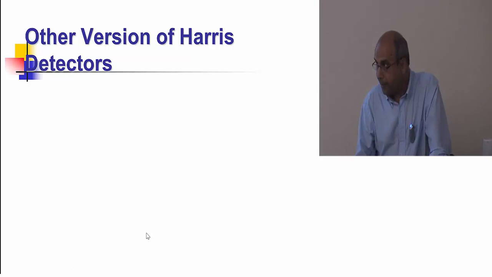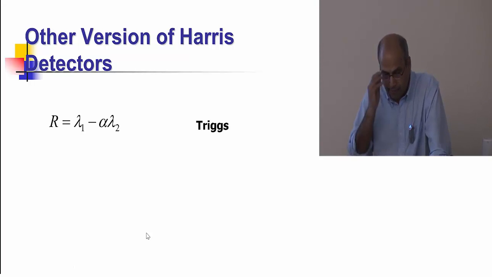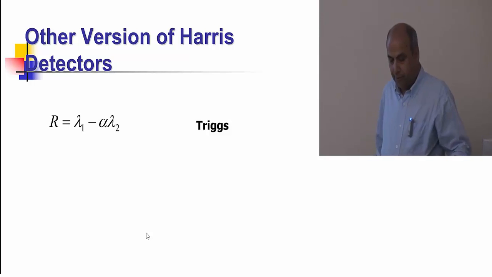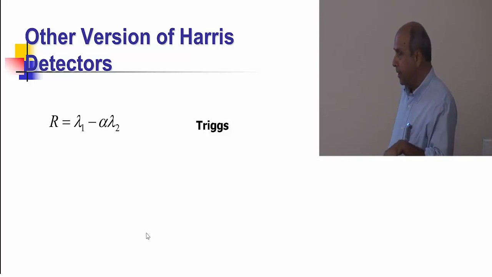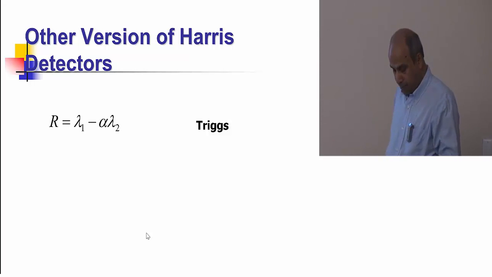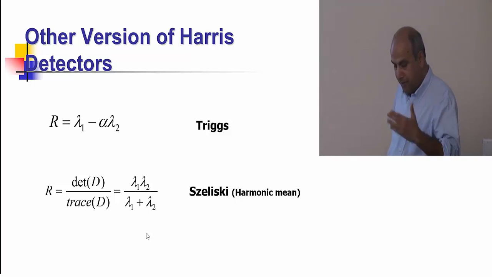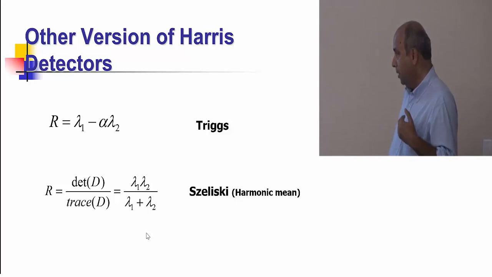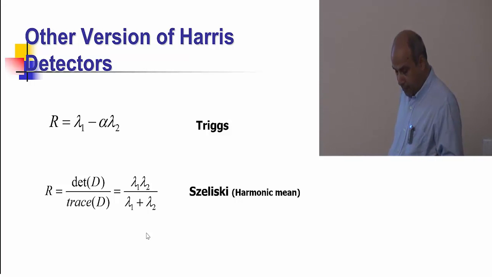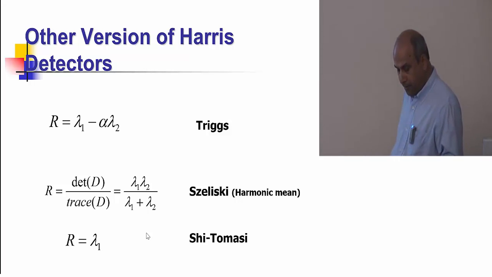There are other variations of Harris detectors. There's another paper by Triggs, where they define R as lambda 1 minus alpha lambda 2. Szeliski, the author of the book, defined this ratio, lambda 1 lambda 2 divided by lambda 1 plus lambda 2. Then Shi and Tomasi just look at lambda 1.